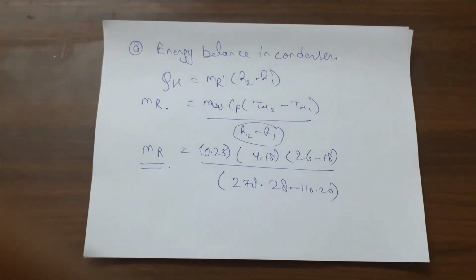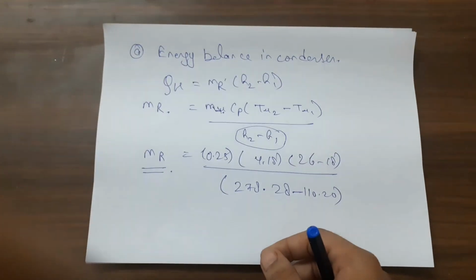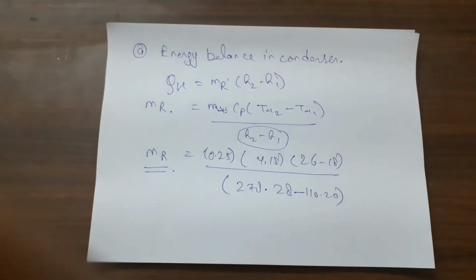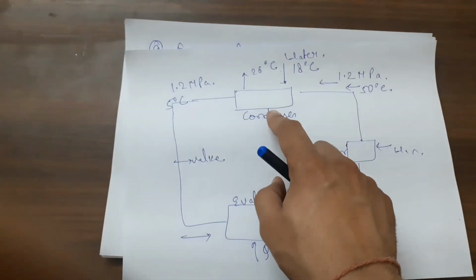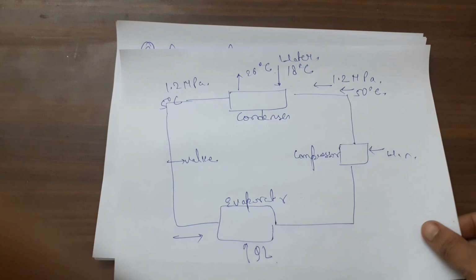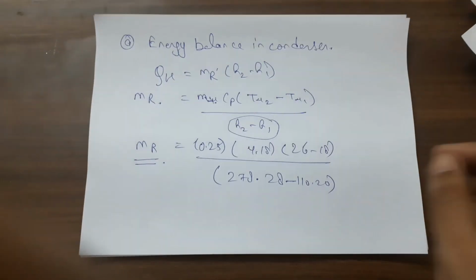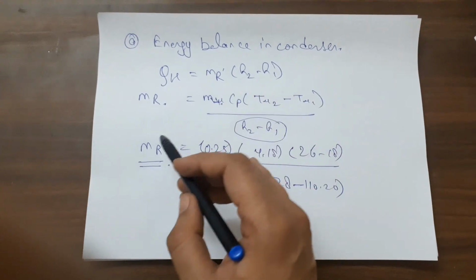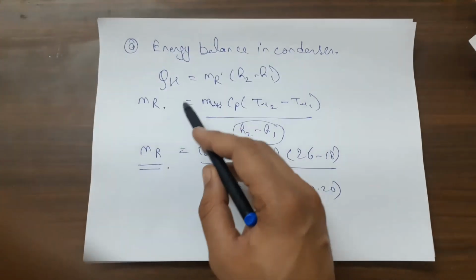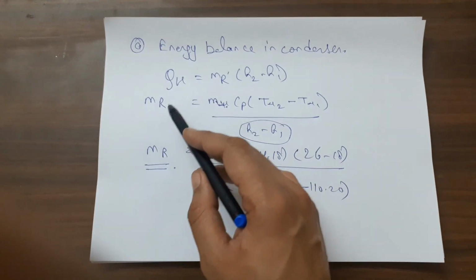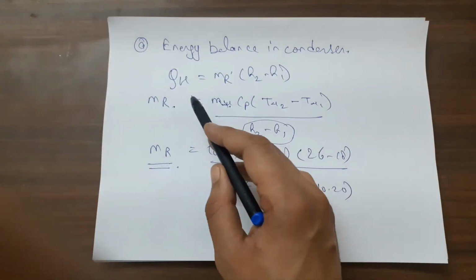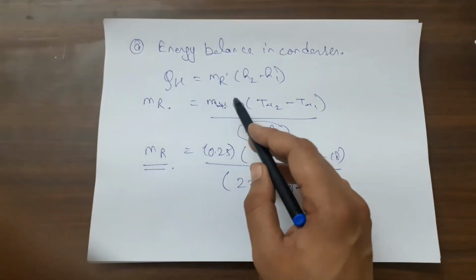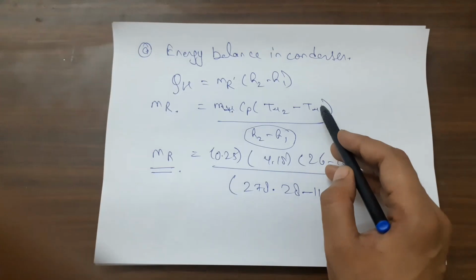So firstly, doing the energy balance in the condenser part. Here the condenser is this, so performing the energy balance here. The equations are QH equals MR (H2 minus H1), and QH is also equal to MW CP (TW2 minus TW1).